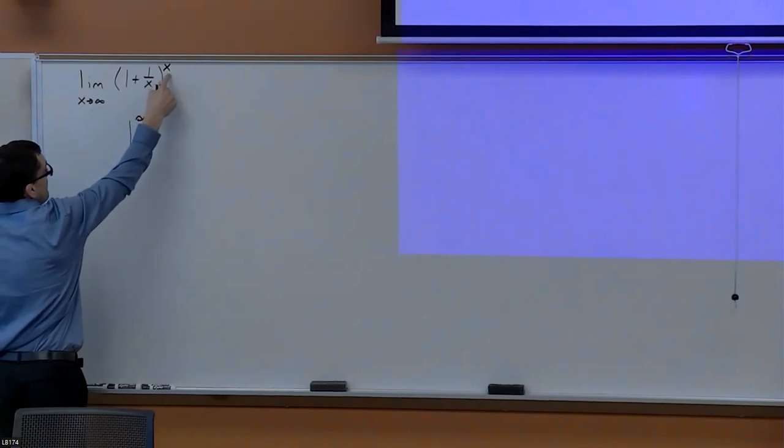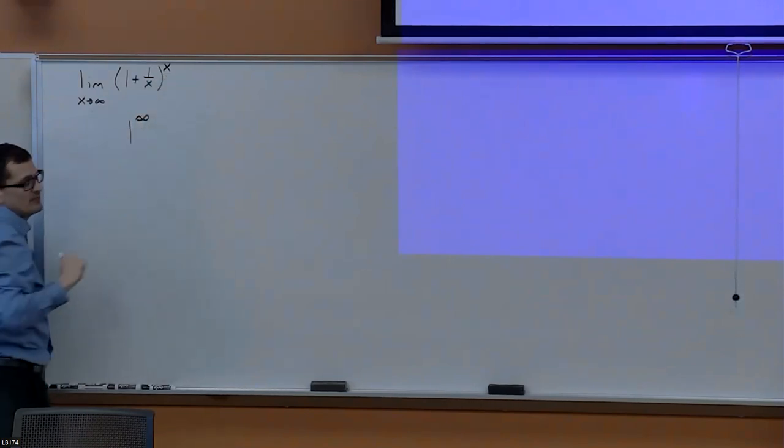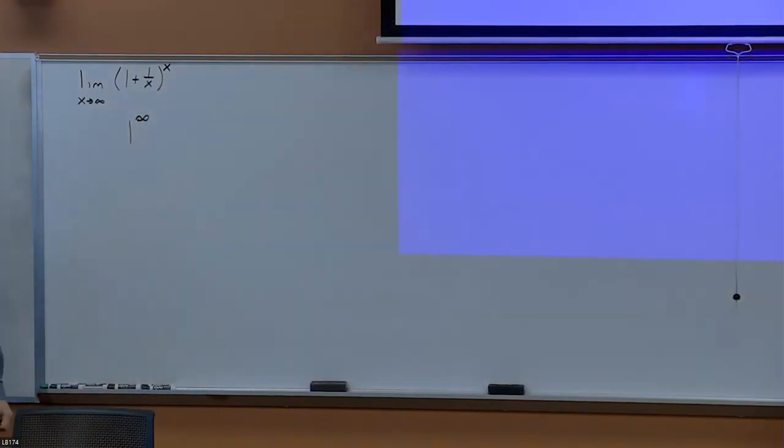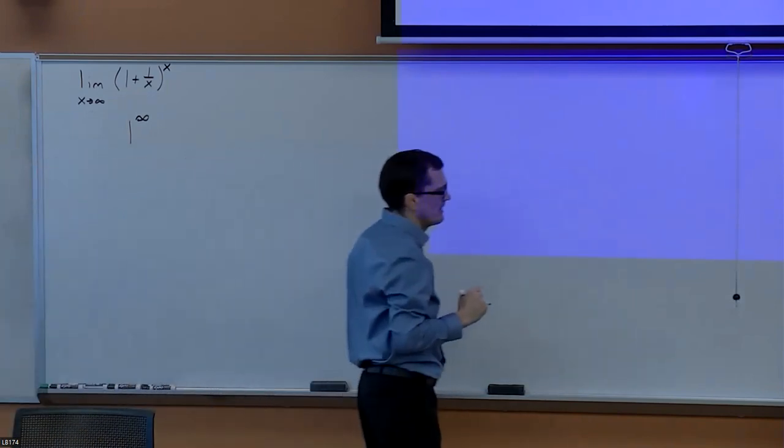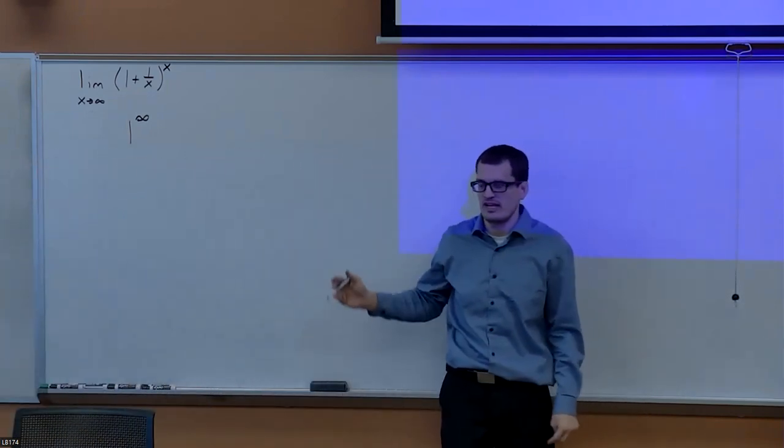So what happens with the exponent is it becomes infinity. So we get this indeterminate form, which is not one that L'Hopital's rule can deal with at this stage.